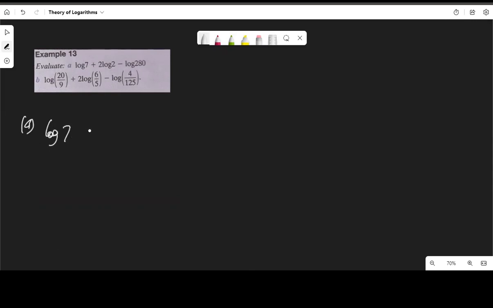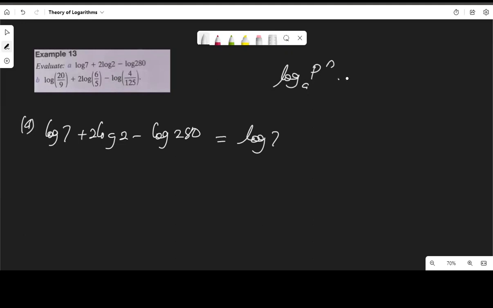Log 7 plus 2 log 2 minus log 280 will be log 7. Now apply the law that says n log p to base a is log p to the power of n to base a.